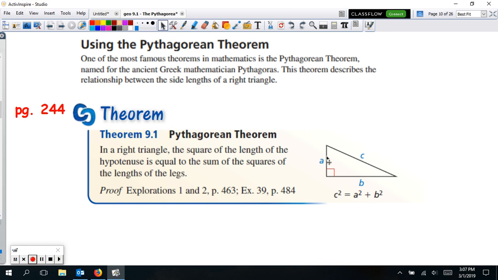In a right triangle, the hypotenuse is always opposite the right angle, and the other two sides are called the legs. So the square of the length of the hypotenuse is equal to the sum of the squares of the lengths of the legs. And that's what we're going to be getting into right now.